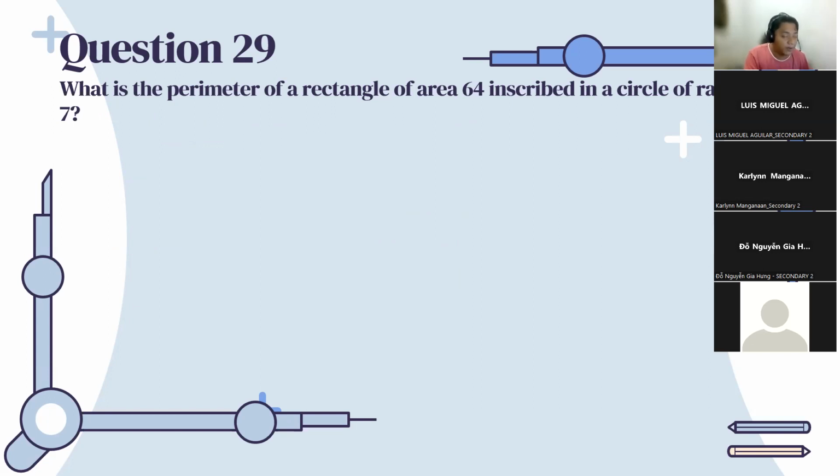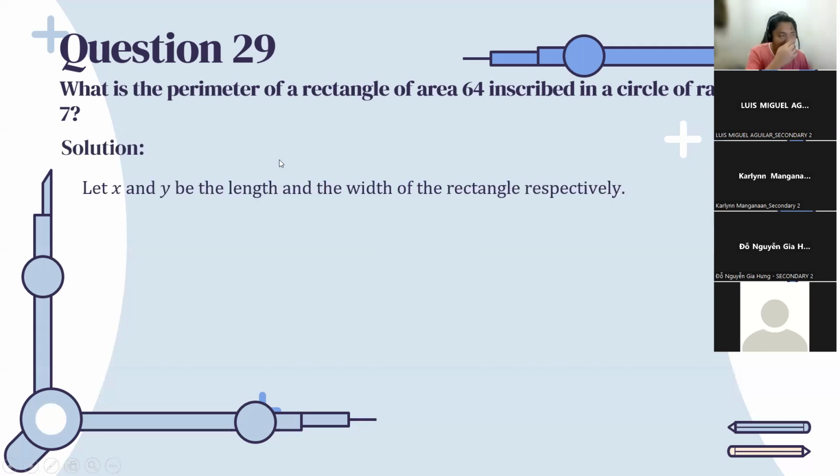Okay, we don't know any dimensions of the rectangle. So we let them be x and y, the length and the width of the rectangle respectively. When we try to get the perimeter, of course, we need 2x plus 2y, or 2 times (x plus y).